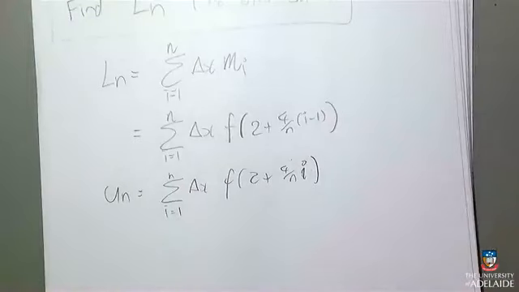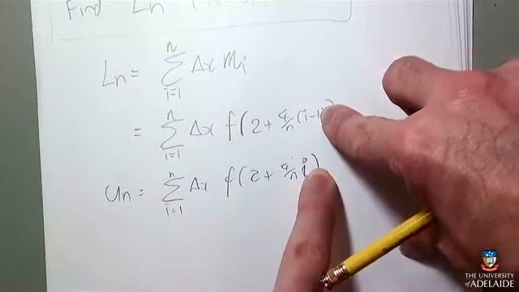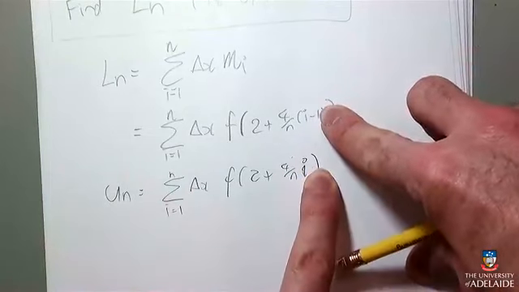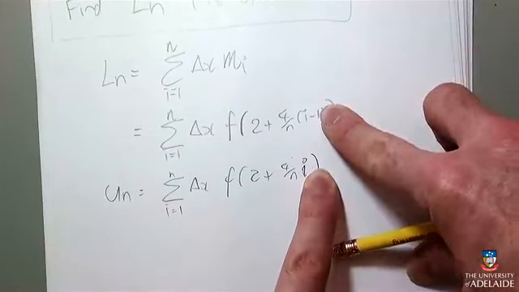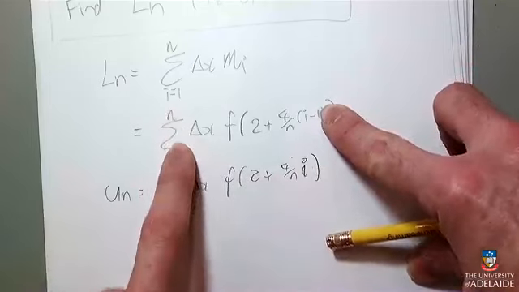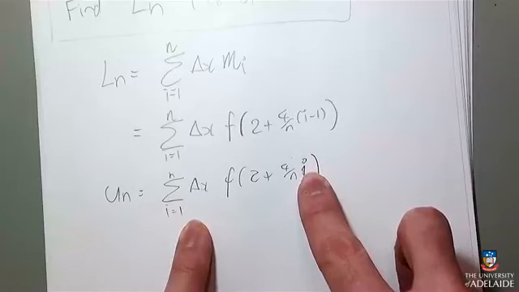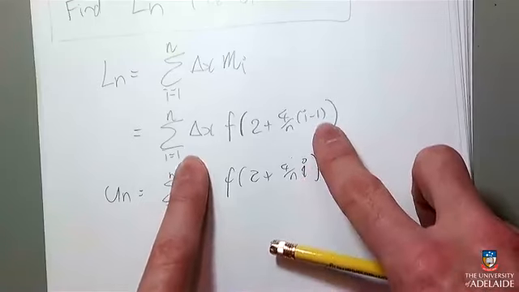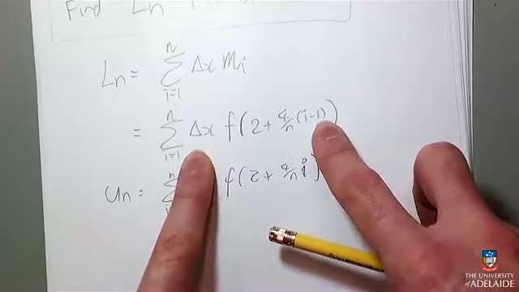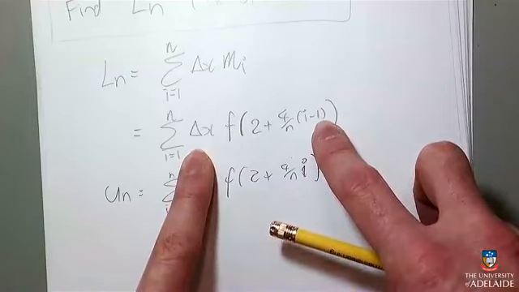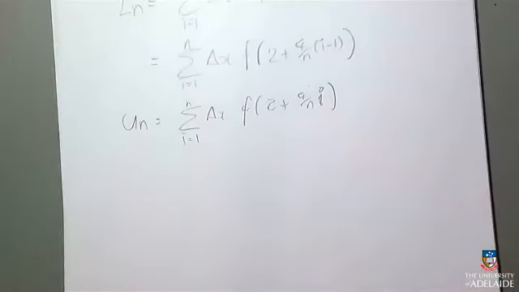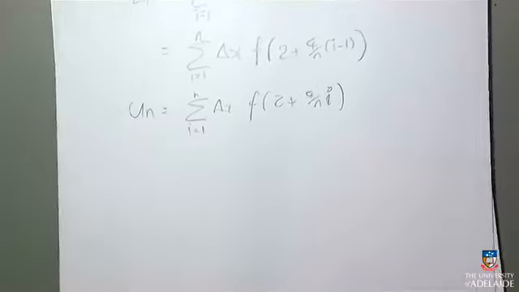The only thing that makes them different is this minus 1 here. So if we think about what happens when we sub in the numbers from 1 to n, if I sub in the numbers from 1 to n here, I'll get the numbers from 1 to n. And if I sub in the numbers from 1 to n here, I'll get the numbers from 0 to n minus 1. So this is a little picture I draw myself, usually on the scribble paper.